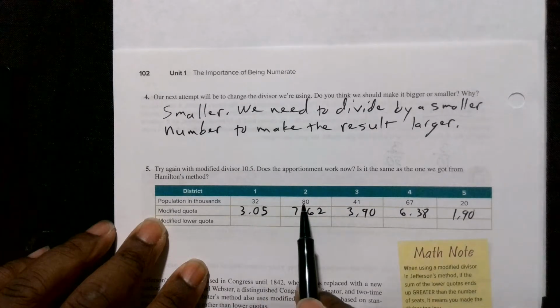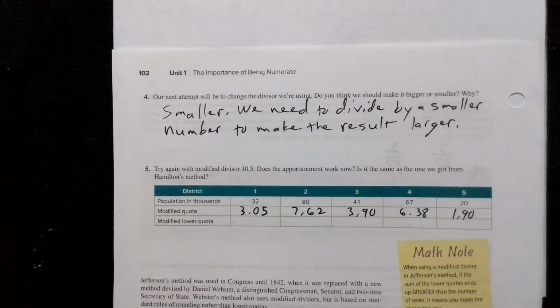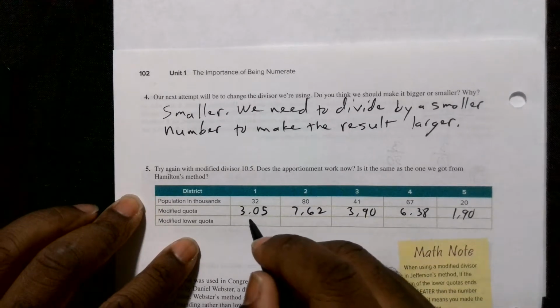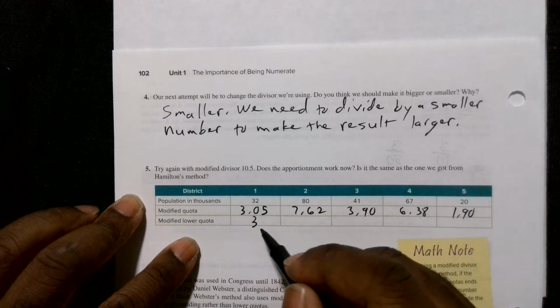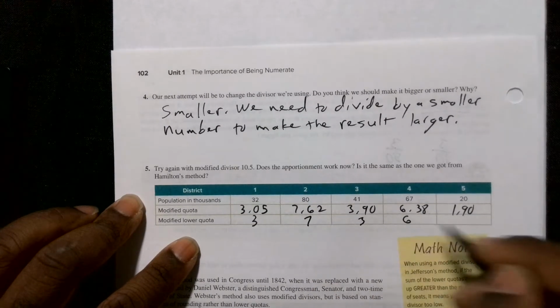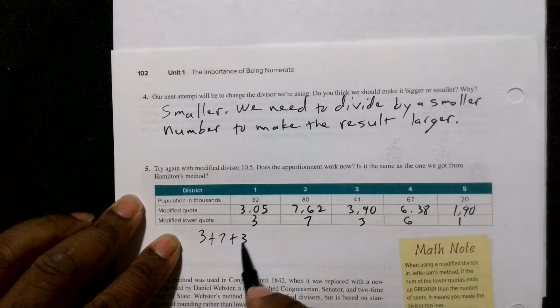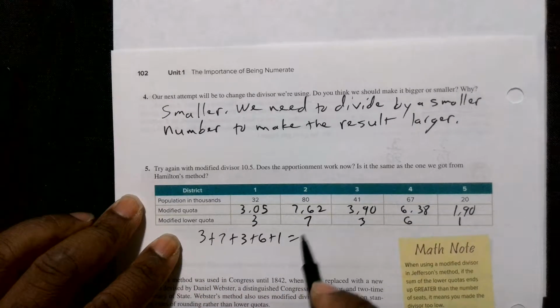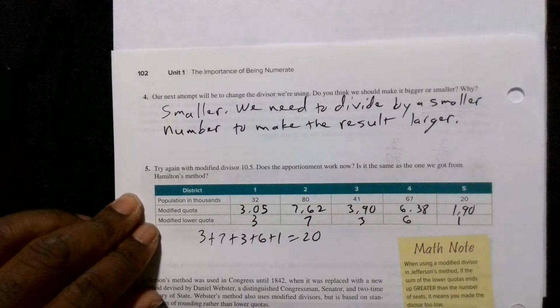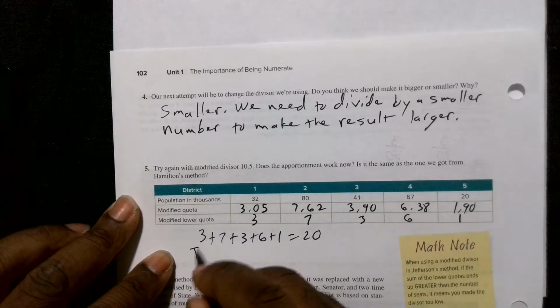So you would take all of these district values and divide it by 10.5, and it will give you this new modified quota. Now the modified lower quota, again, we would take the number in front of the decimal. Now we would add them up, 3 plus 7 plus 3 plus 6 plus 1, and that equals 20. So that means that it works.